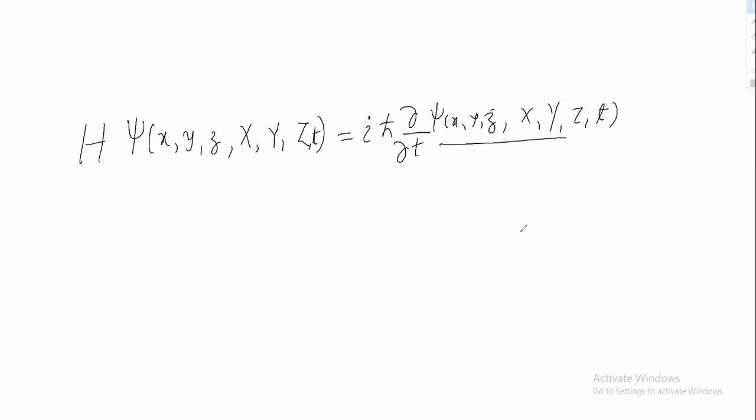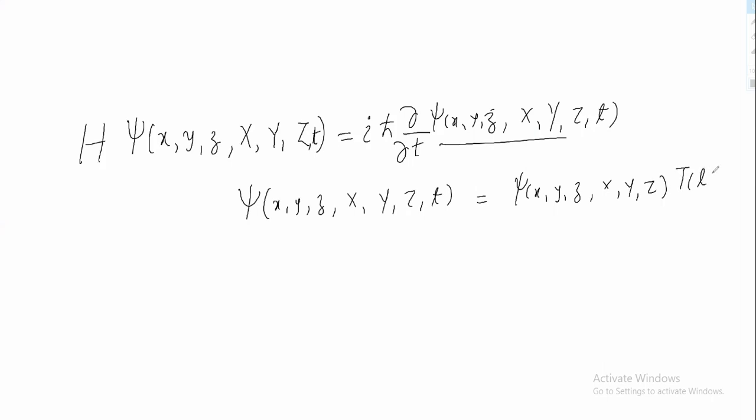And that is why, in general, when we write this expression, first of all, we say that my psi, which is in general a function of time, for a time independent problem, we can write it into two parts, the time component and the space component.